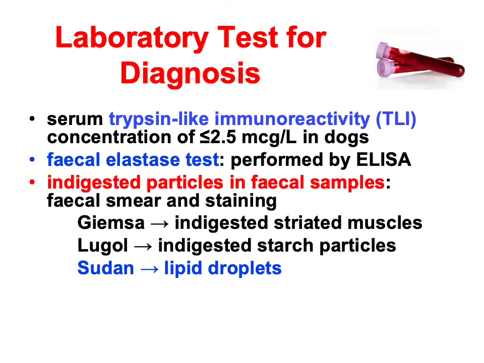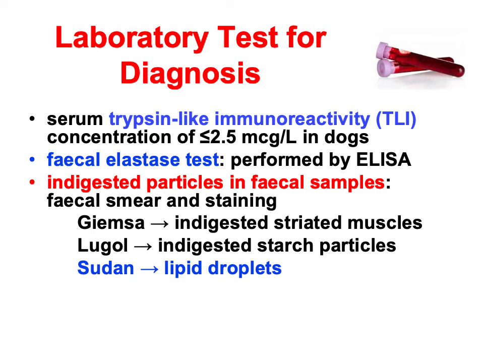For the laboratory test, we have different tools. We have the trypsin-like immunoreactivity in the serum. We have a fecal elastase test, and we can check the ingested particles in the fecal samples. Are they digested or not digested, indigestible?